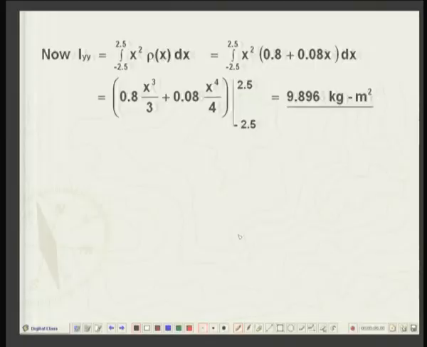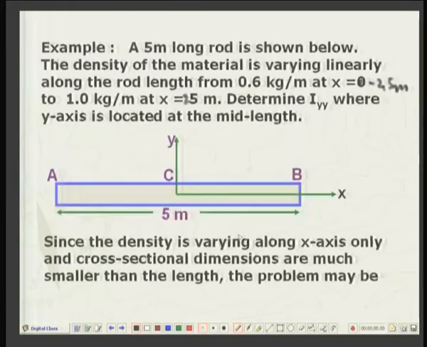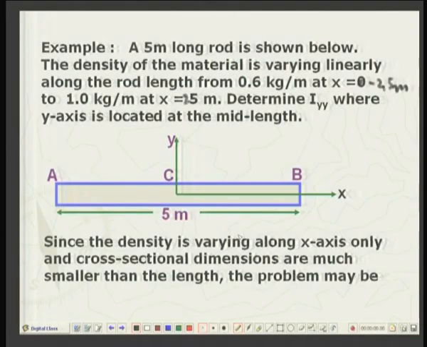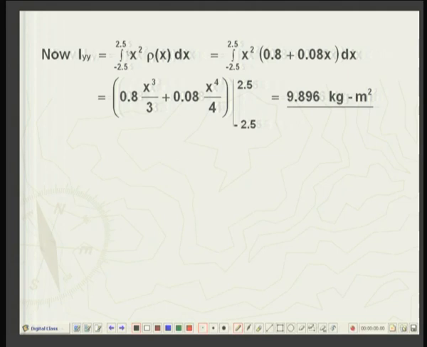Then Iyy is to be obtained. So, this is the y axis at the middle. Okay. So, we have to find out the distance of any element of the rod from the y axis. So, that is the distance x, x square times rho(x) dx from minus 2.5 to plus 2.5, and this is a very simple integration, since rho is a function of x as we have determined.